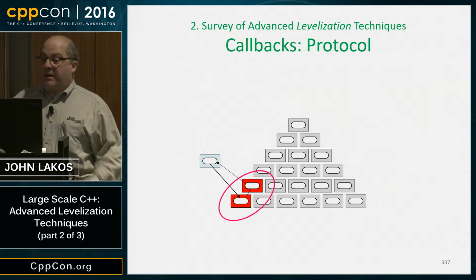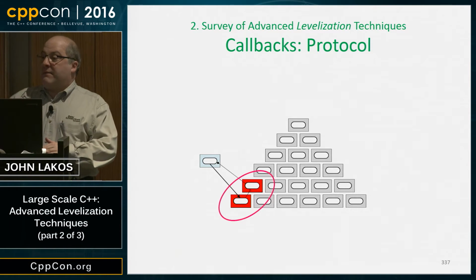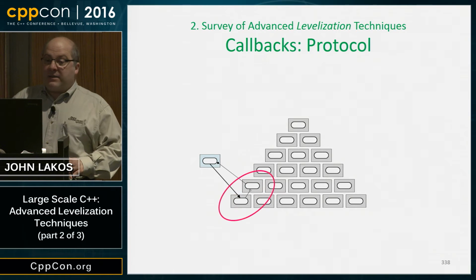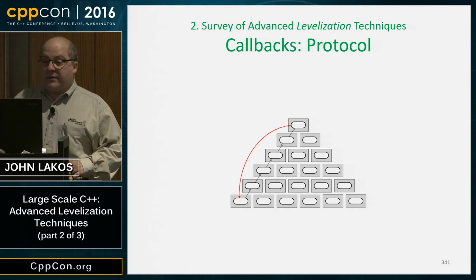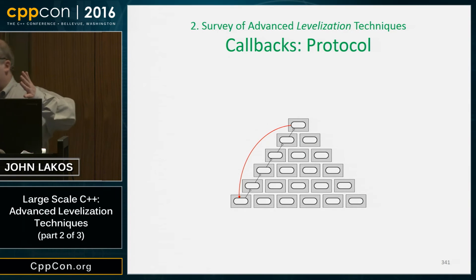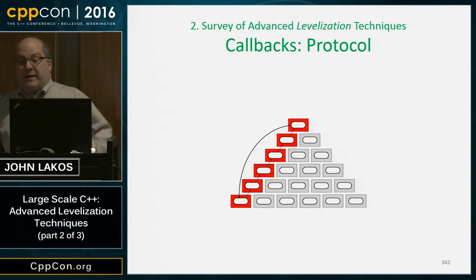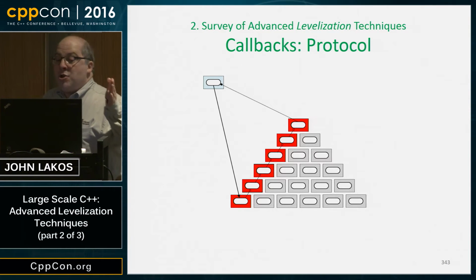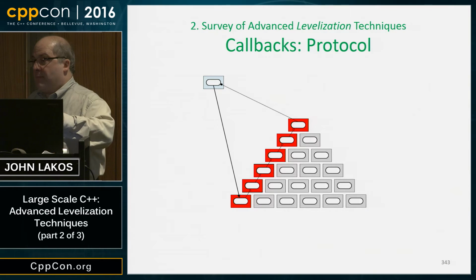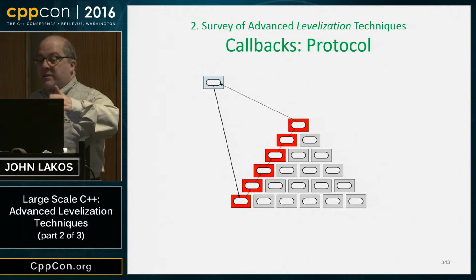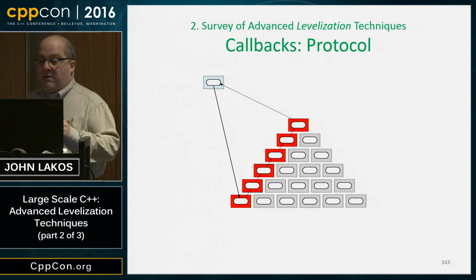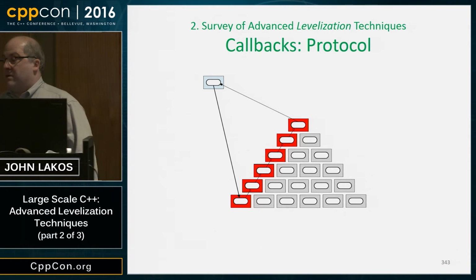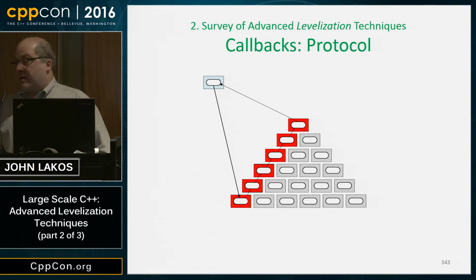I do the same kind of thing of separating the dependency from the abstract interface. And I can do that there, but I can also do that on a larger scale. Suppose I want to depend on the thing at the top, which could happen, but it's no different. Now I've created this cycle across all these components. Well, that's not good, but I can do the same technique by saying the very high level component knows about the top of the pyramid, but it can insert the top of the pyramid into the protocol below the lowest level component upon which it depends, and I don't have a cycle again.